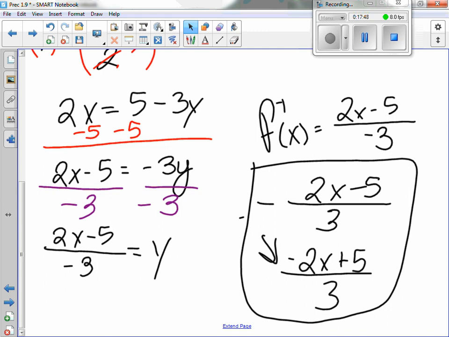And then we can check it by doing f of f inverse of x, and f inverse of f of x. Yes. Doing these here and plugging them back in.